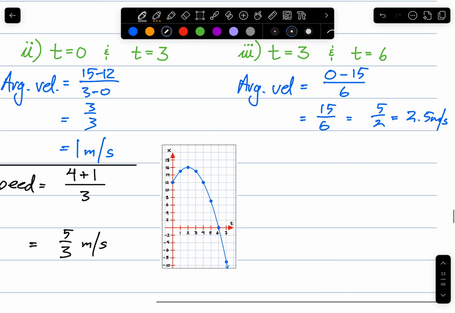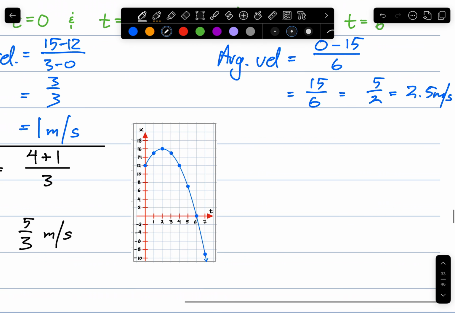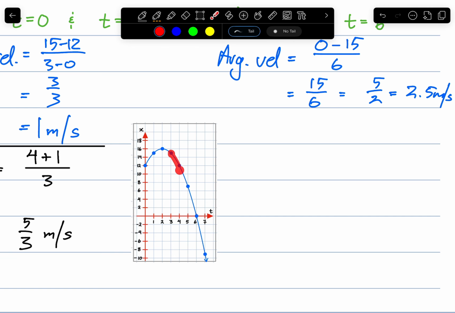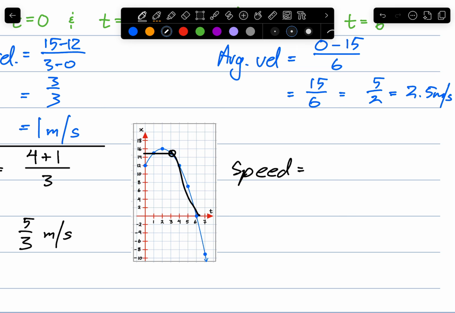For our final example here, from 3 till 6, our speed, it went from 15 down to 0. But remember, distance is always just positive. That's going to be 15 meters in 3 seconds. That gives us 5 meters per second.